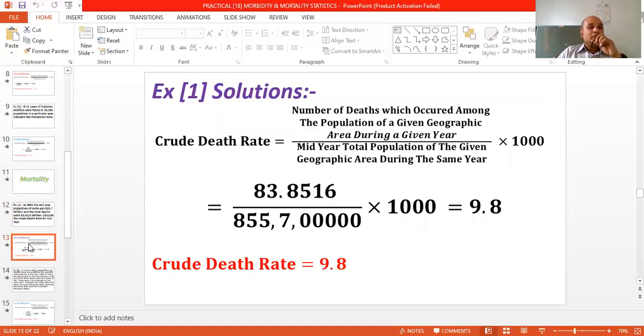Crude death rate is equal to number of deaths which occurred among the population of a given geographic area during a given year upon median total population of the given geographic area during the same year into 1000. The crude death rate is 9.8.